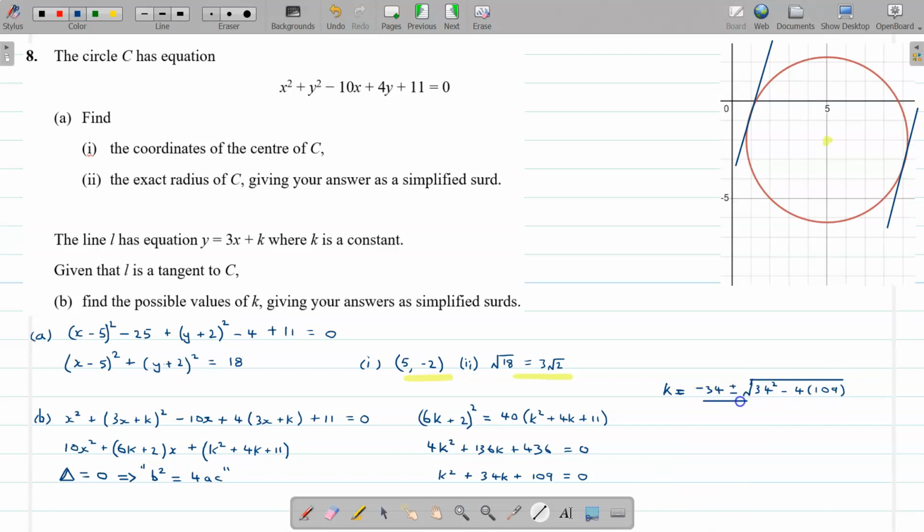Then when that's put into the calculator for a simplification, it's a bit quicker to do it that way, you get k equals minus 17 plus or minus 6 root 5.